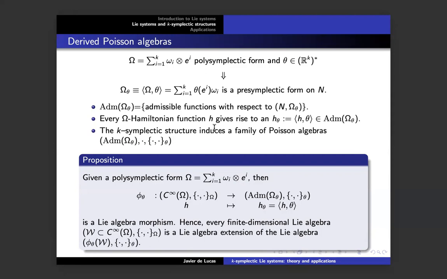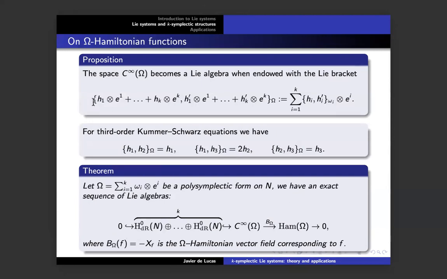The thing is that it can be proved that this bracket here is not a Poisson bracket. Essentially, the problem is that if you multiply two functions here, like in the Poisson bracket, the product of two functions, the coordinates, will not be an omega function.